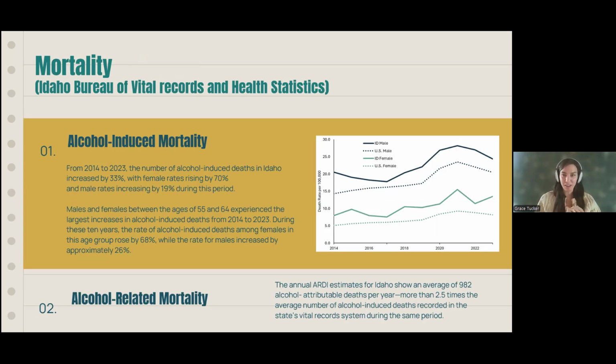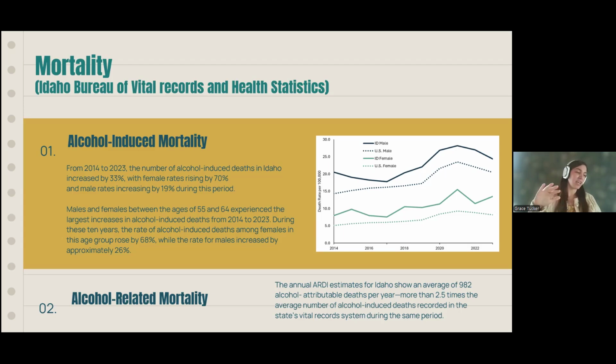Okay, so let's talk a little bit about mortality. This is a 10-year time frame. From 2014 to 2023, we saw alcohol-induced deaths increase by 33%. I want to talk a little bit about what alcohol-induced death means.